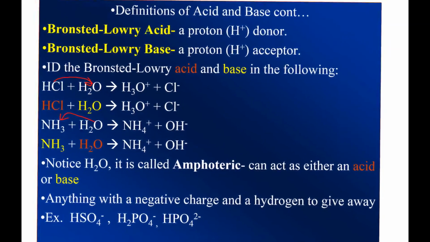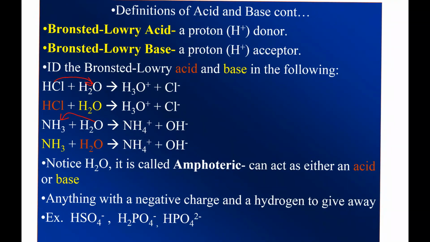Basically, what I want you to know is water is amphoteric, as well as anything with a negative charge and a hydrogen to give away. Now, how does a negative charge and a hydrogen make it amphoteric? Well, first of all, in order to be an acid, according to Bronsted-Lowry, it has to have a hydrogen to give away.